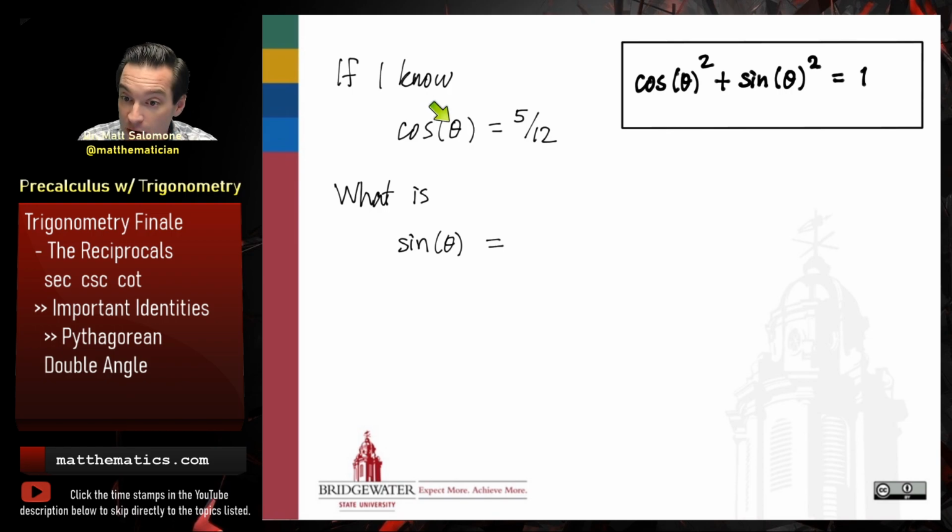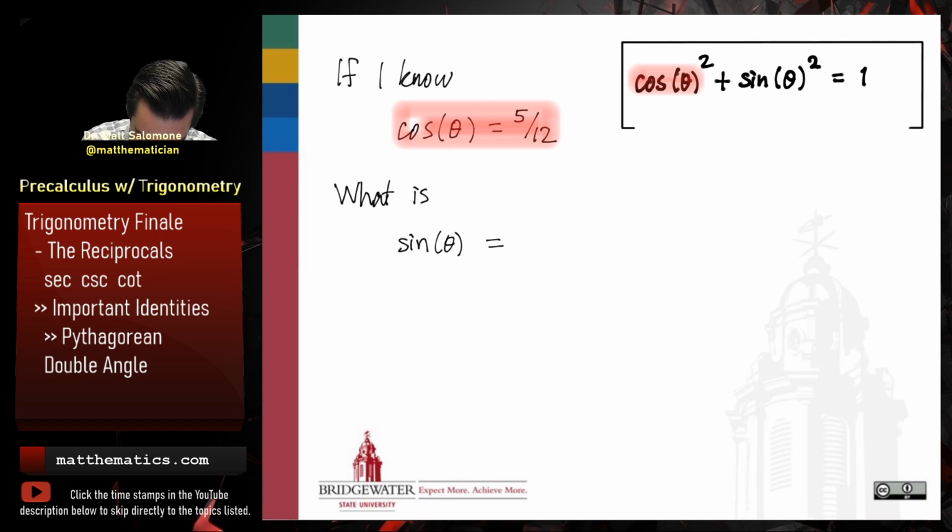So now that I know that the cosine of theta is 5 over 12, I just want to use that knowledge. I'll just substitute that value in here for the cosine of theta. And so I'll put in here 5/12, the quantity squared, plus the sine of theta, which is this thing that I don't know, squared, is equal to 1.